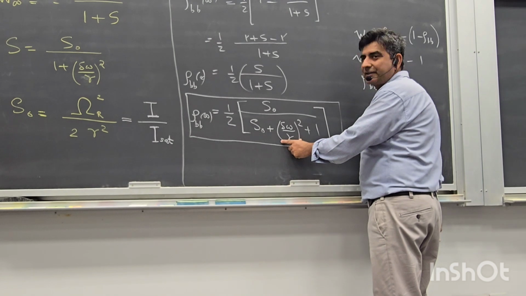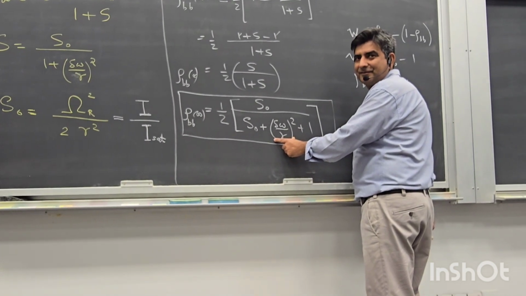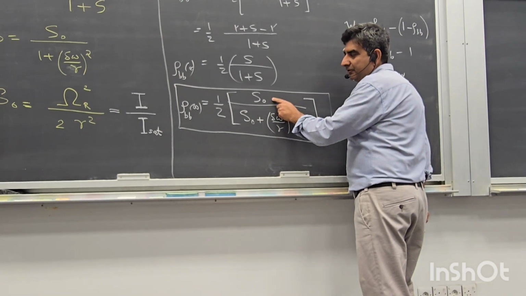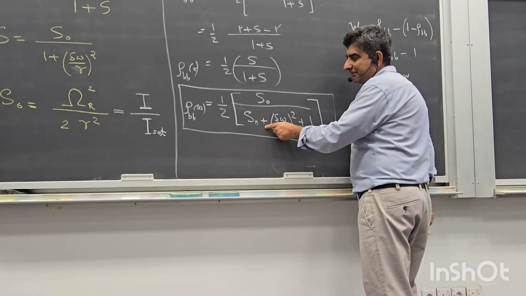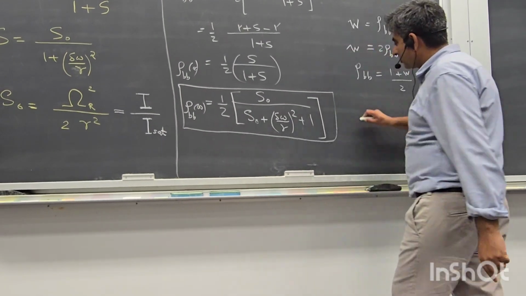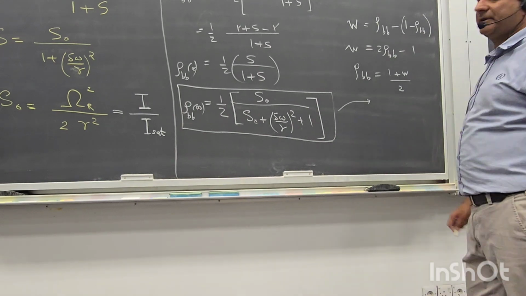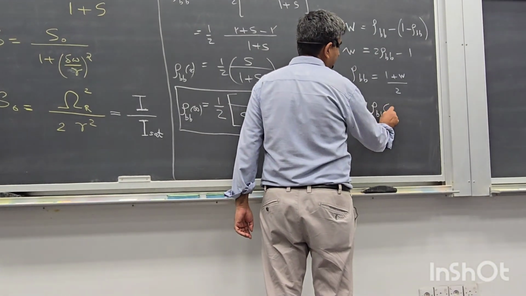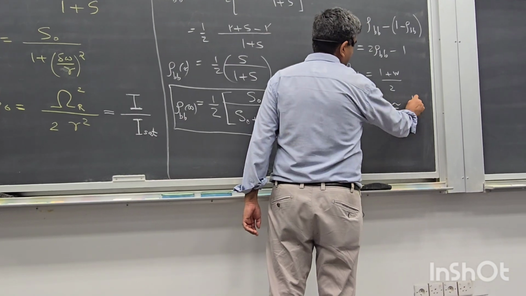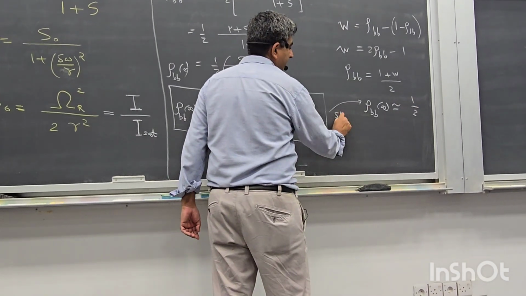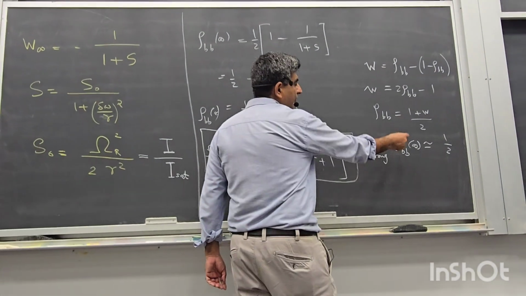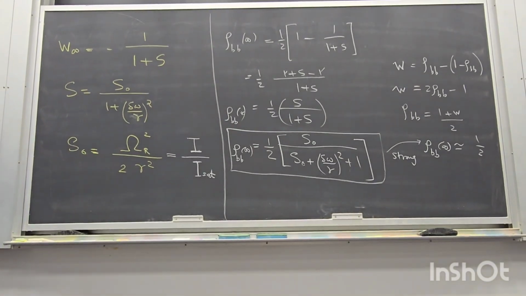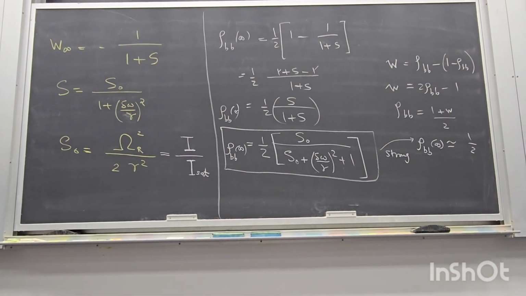The field is larger than the damping. So S naught will overwhelm this. You have S naught in the numerator and S naught in the denominator. So in the strong field limit case, this population inversion will approach 1/2, right? Strong field limit case. And we've also seen this from other mechanisms, right?